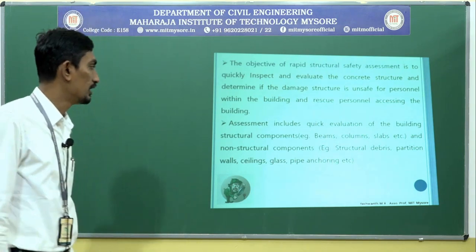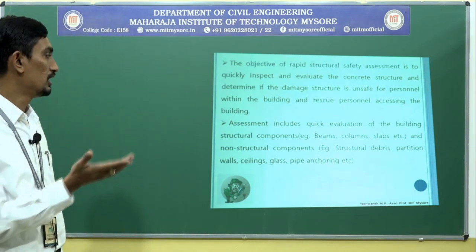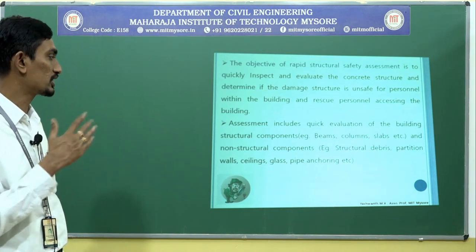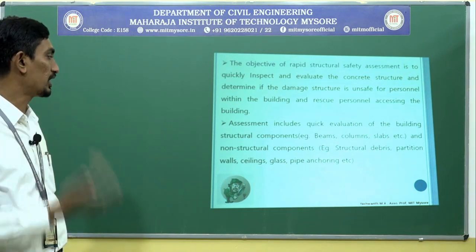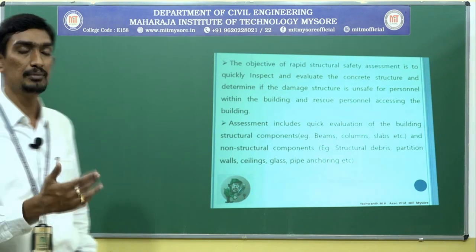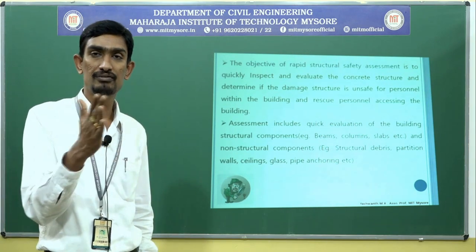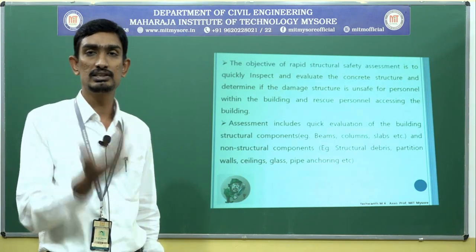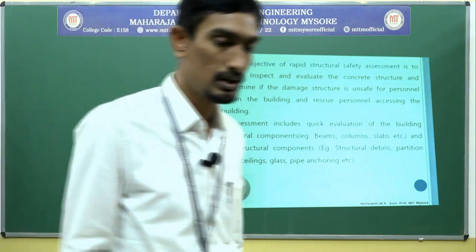Next, the assessment includes structural and non-structural elements. Structural means beam, column, slab. Non-structural includes debris, partition wall, ceiling, glass, pipes. You need to bifurcate structural and non-structural and say whether each is safe or unsafe.